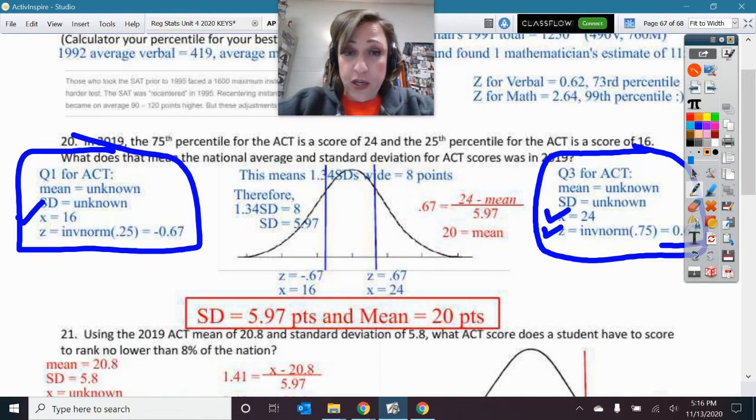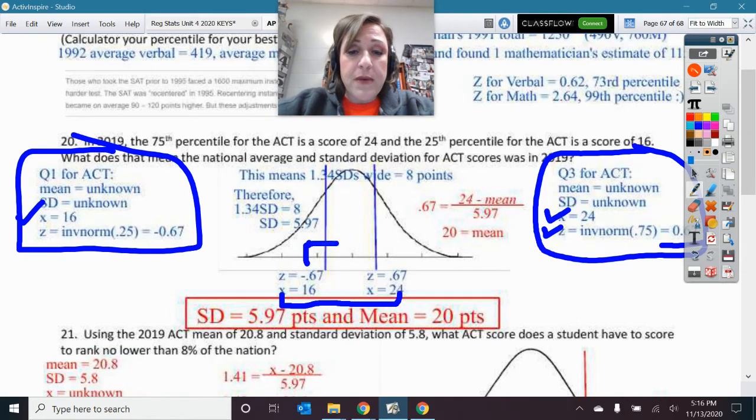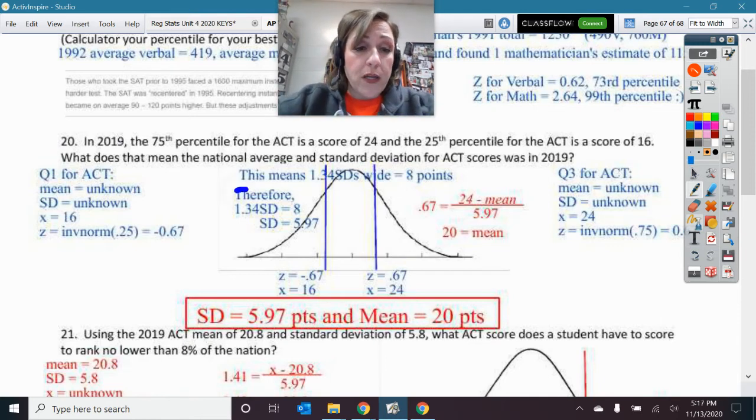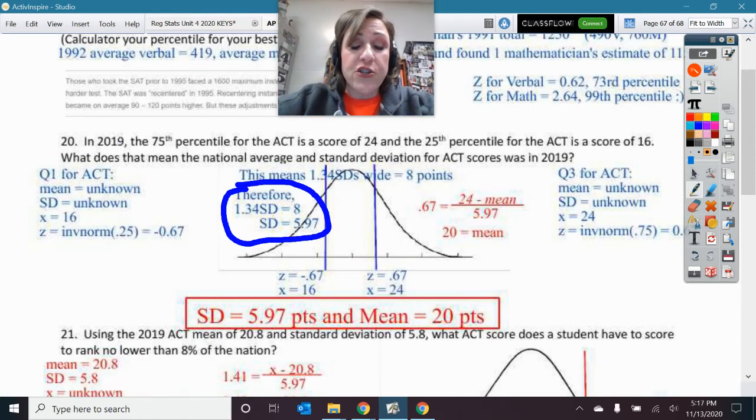So look at my picture here. This is saying that from 16 to 24, you are going from negative 0.67 up to positive 0.67, which is a spread of 1.34 standard deviations wide.